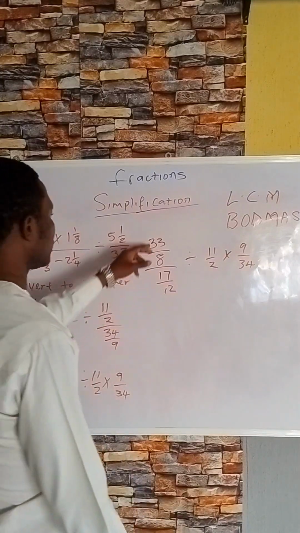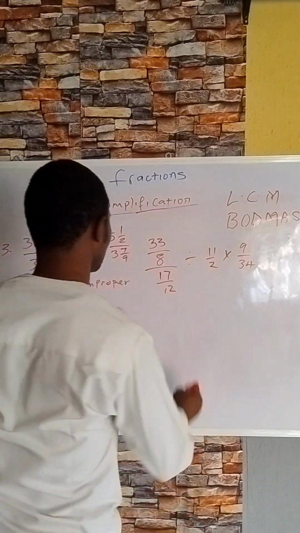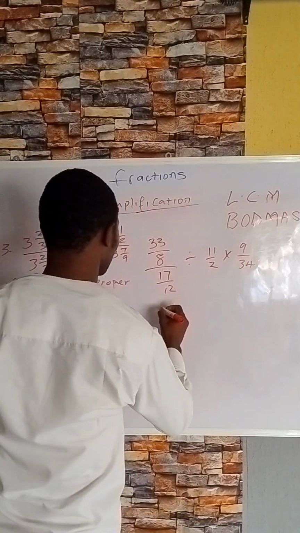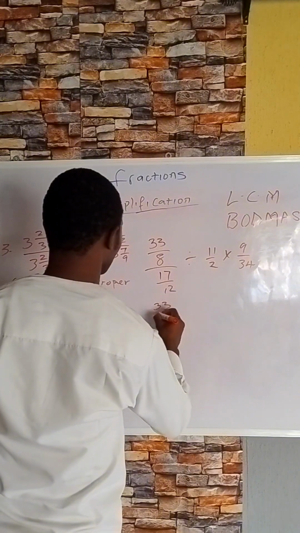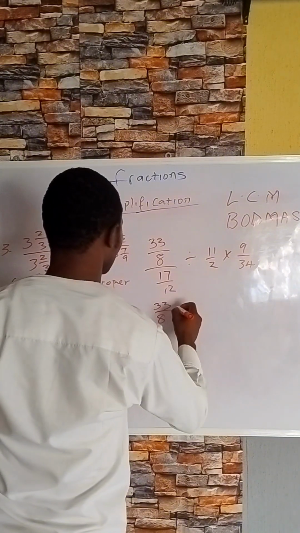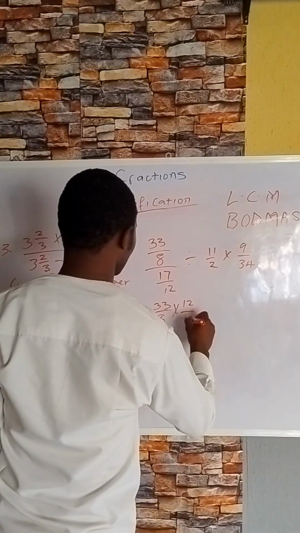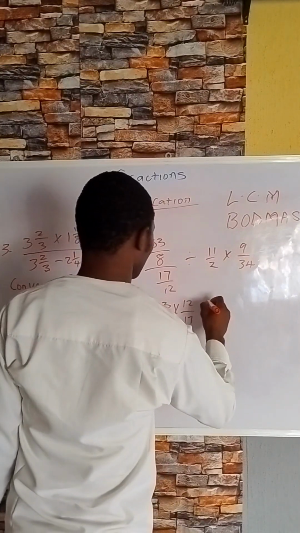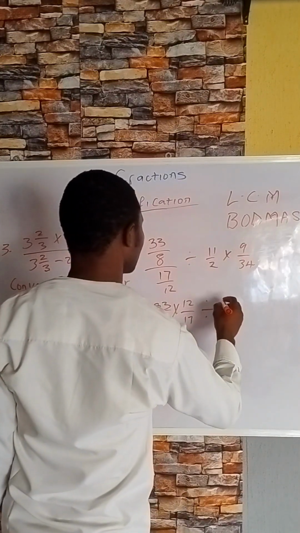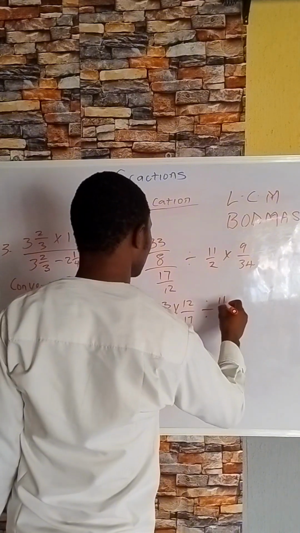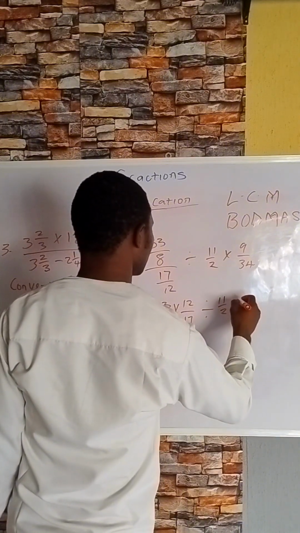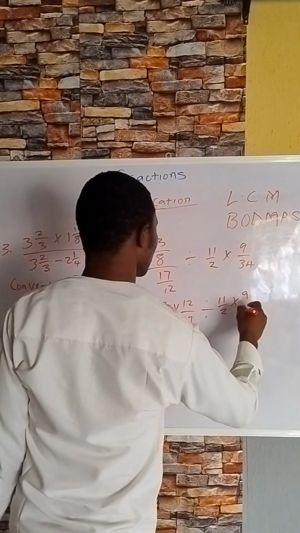So what we'll do here to change to this is the keep-flip change method. It will become 33 over 8 multiplied by 12 over 17 divided by 11 over 2 times 9 over 4.